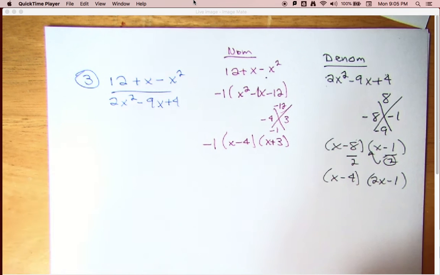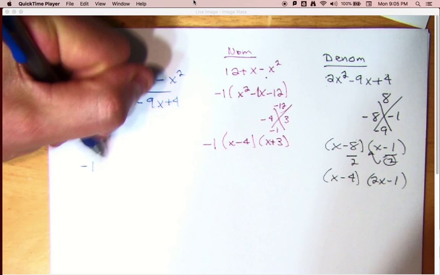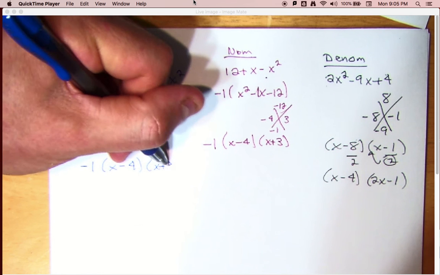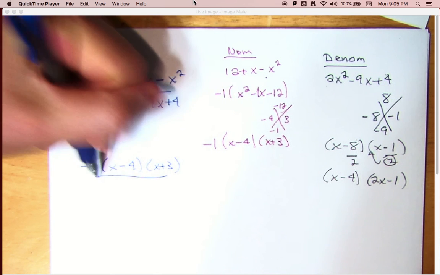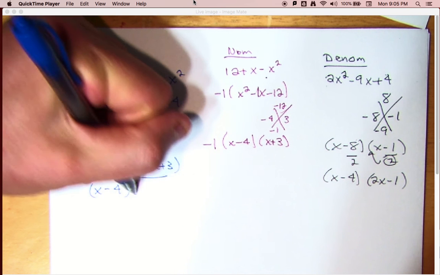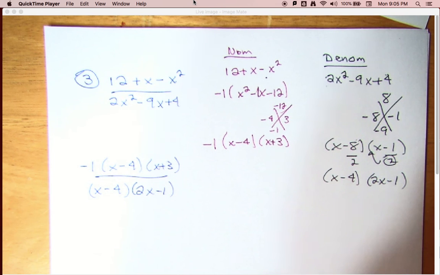I'm going to put everything together, so there's my numerator, negative 1, x minus 4, x plus 3, over my denominator, x minus 4, 2x minus 1. Okay, what cancels? Our x minus 4's cancel.